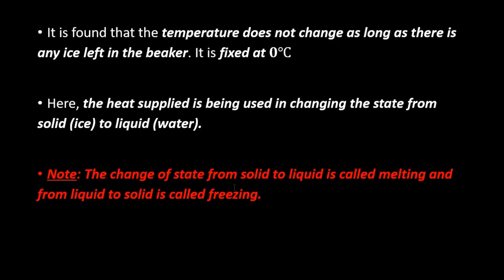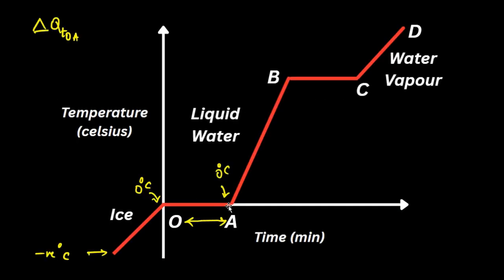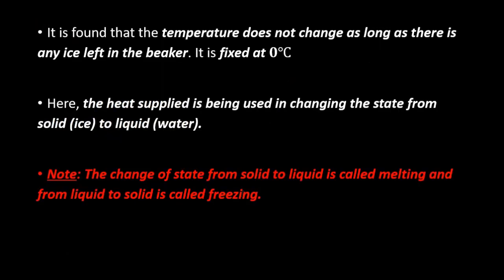Similarly, if we reverse it, until the entire liquid is converted into ice at 0 degrees Celsius, there will be no change in temperature. That is called freezing. That's why 0 degrees Celsius is always taken as the lower reference temperature for the design of various thermometers, because of this special property.